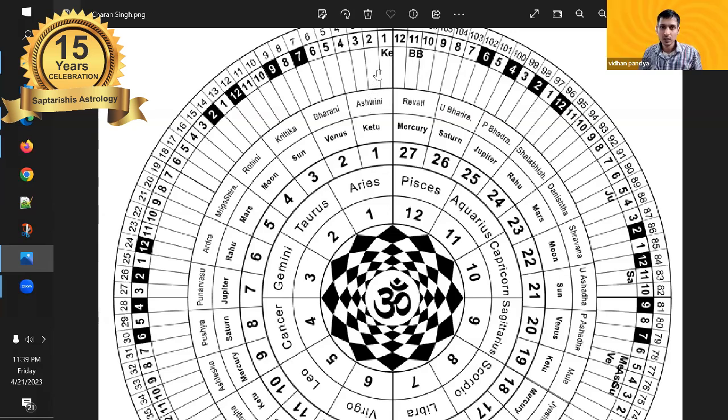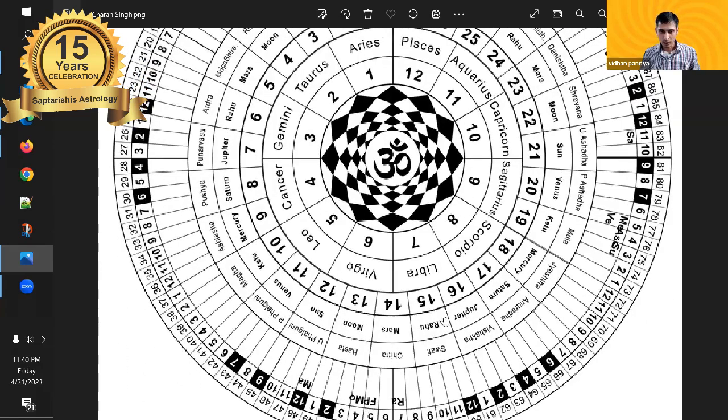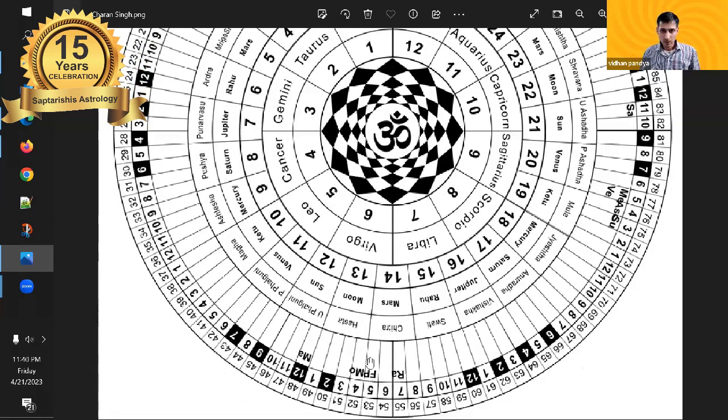In the sixth circle you will find the names of the planets, and also Bhrigu Bindu, represented by BB, and the Fortuna point or Punya Sahan, represented as FP.